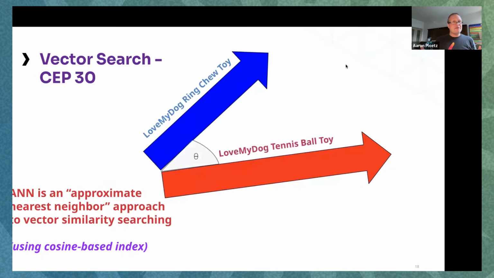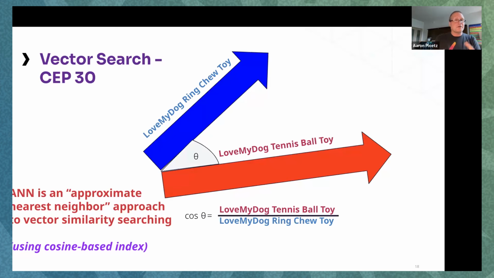So for those of you who haven't done a lot of vector search, essentially the embeddings are often created as the result of an LLM pipeline. In this case, we could do a product search.